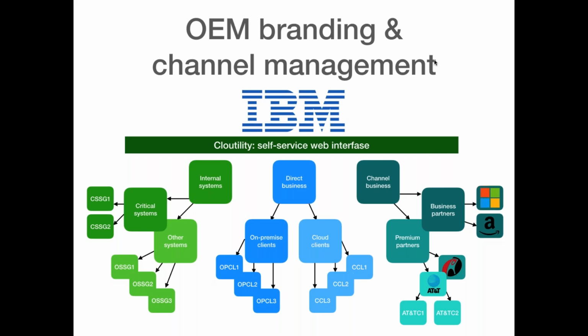So in this case, Microsoft and Amazon are providing a backup as a service solution based on the IBM infrastructure and Cloutility solution, but their customers will see a Microsoft and an Amazon branded solution. So IBM will be hidden. OEM branding for channel management is a great feature of this solution for those of our customers who are providing services through a network of resellers.